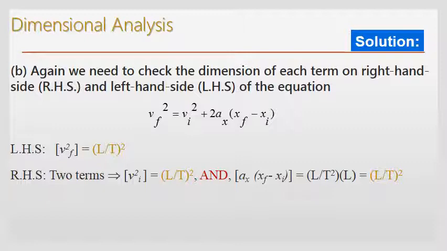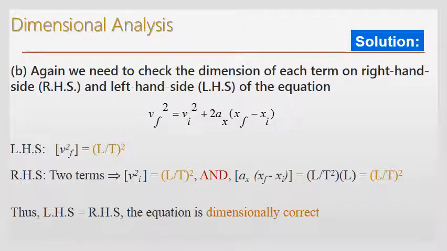The dimension of acceleration is L over T squared, while the dimension of displacement is L. Then this equals L squared over T squared. Now we have again the left-hand side equals the right-hand side, and the equation is dimensionally correct.